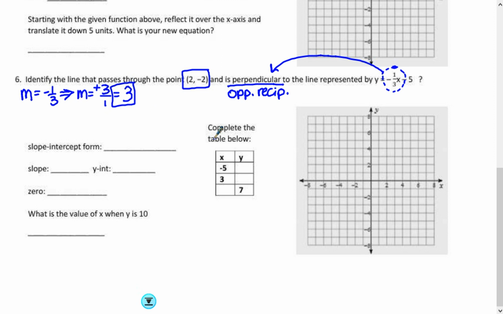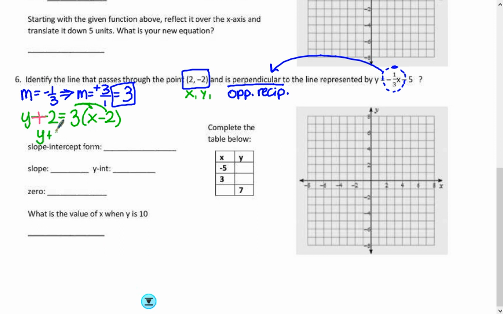Here's the given point that it wants it to go through. From here, I can use my point slope formula again. So that's y minus y1 equals m times x minus x1. And again, I got those points from right here. I need to distribute. So I have, again, another double negative. I'm going to make that into a giant positive.